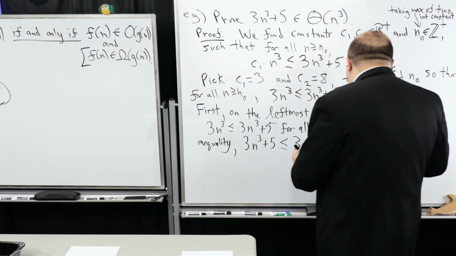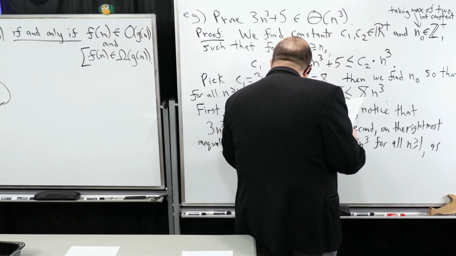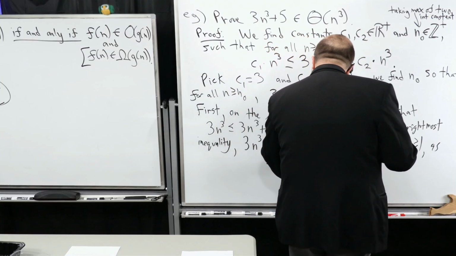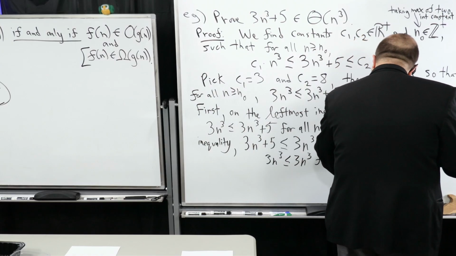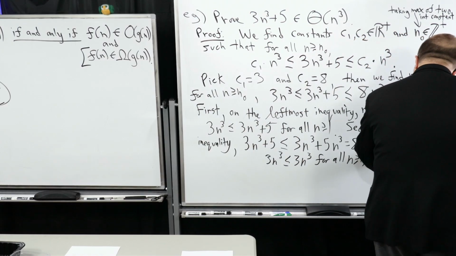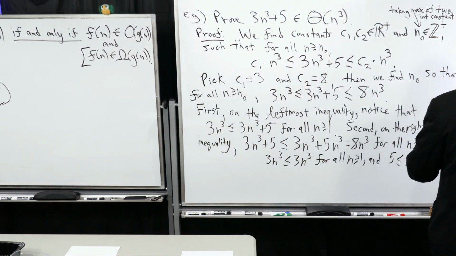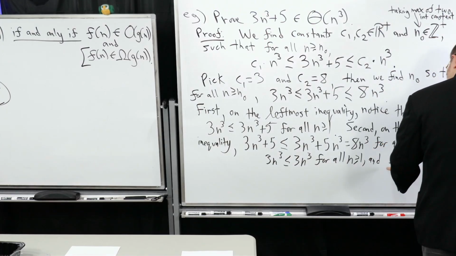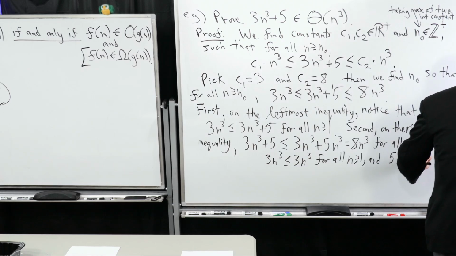So watch this. 3n cubed is less than or equal to 3n cubed for all n greater or equal to 1, and 5 is less or equal to 5n cubed for all n greater or equal to 1. Sorry, I was about to say 3, but it's actually 5.